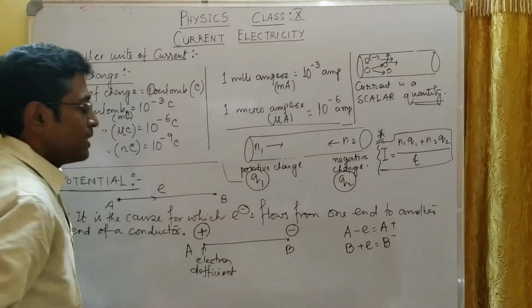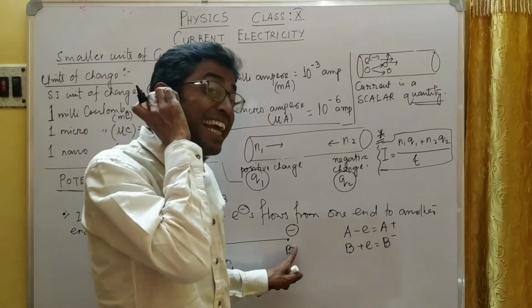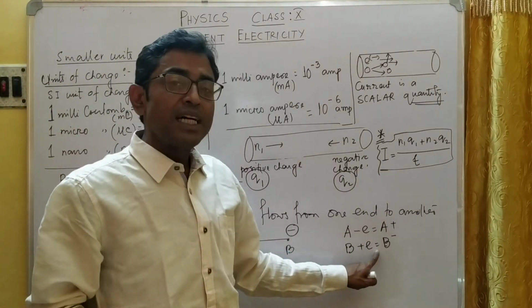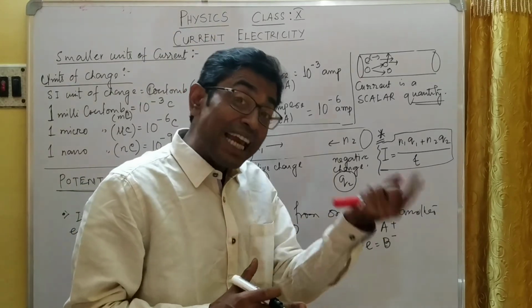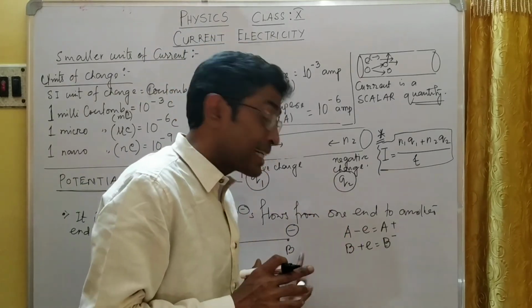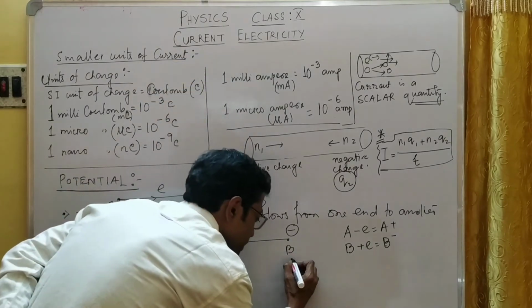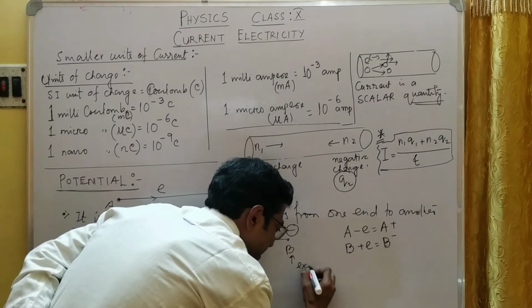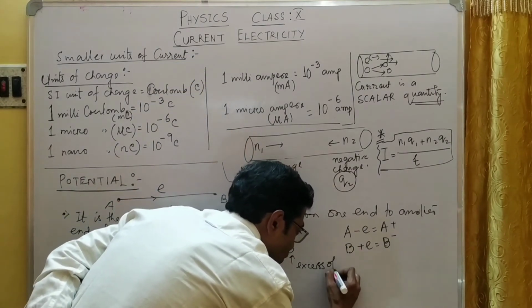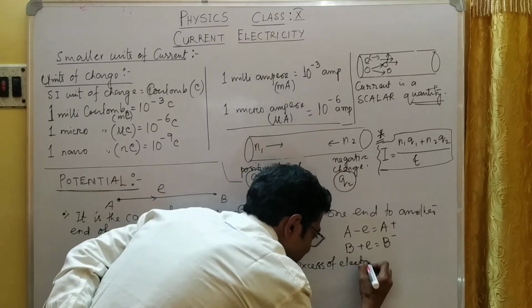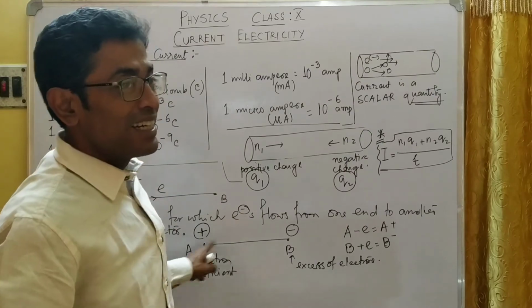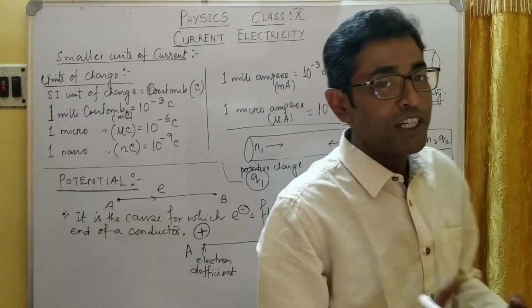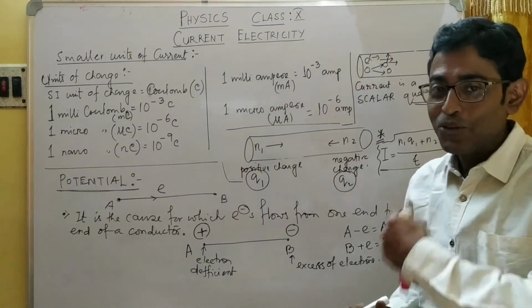And the point where I have put a negative sign, negative charge can be formed by gaining electrons. So there is an excess of electrons. So at B, there is an excess of electrons. Now tell me, at point A there is a deficiency of electrons, and at point B there is an excess of electrons.